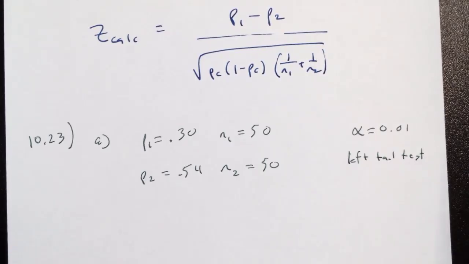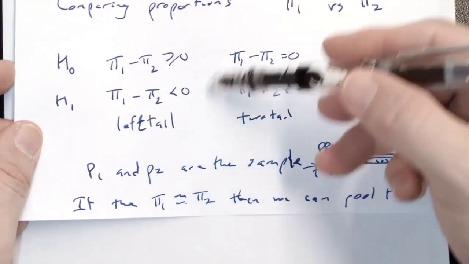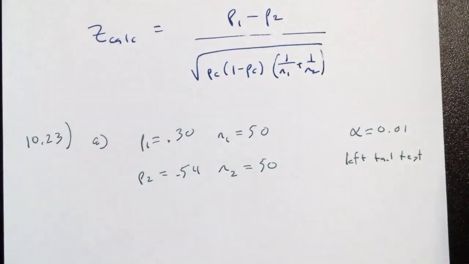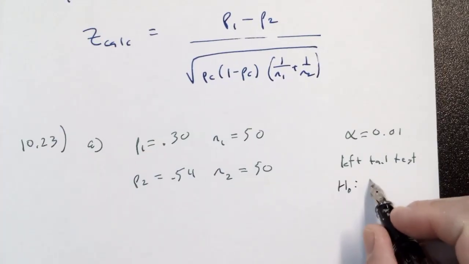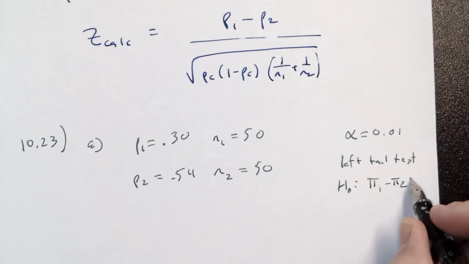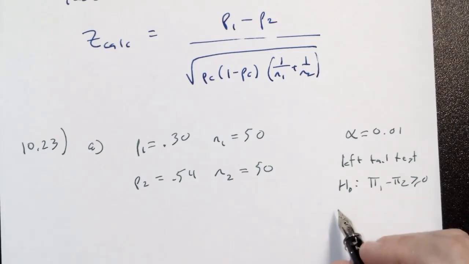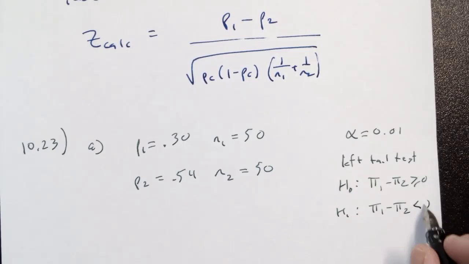For a left tail test, what's our null hypothesis? What's our alternate hypothesis? That's why we wrote those down. So I go back and I look and I say, oh, for a left tail test, this. My null hypothesis is that we're okay. We're on the right side. And my alternate hypothesis is that we're on the left side.